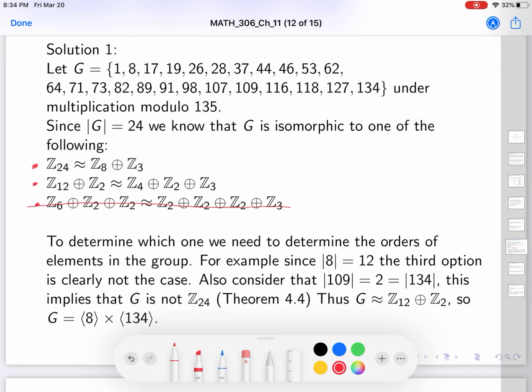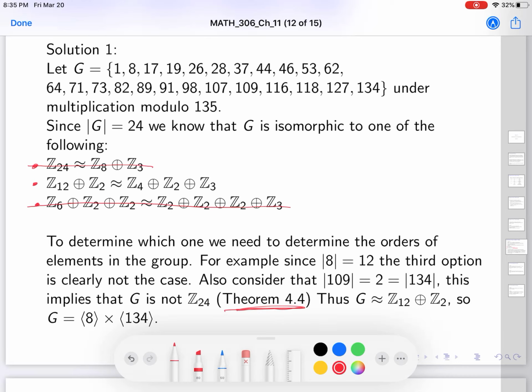Alrighty, so then we could consider the element 109 and its order, or we could even look at the element 134 and its order. Both of them have order 2. Since both of them have order 2, this actually implies that G is not isomorphic to Z24. Look back at your theorem 4.4 for understanding why that is.